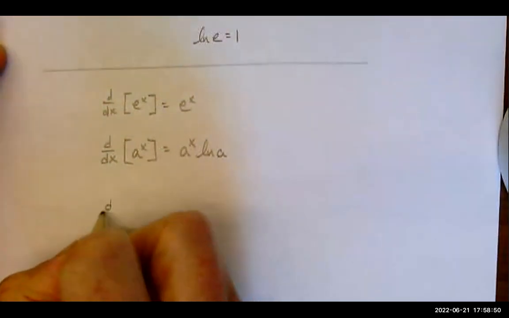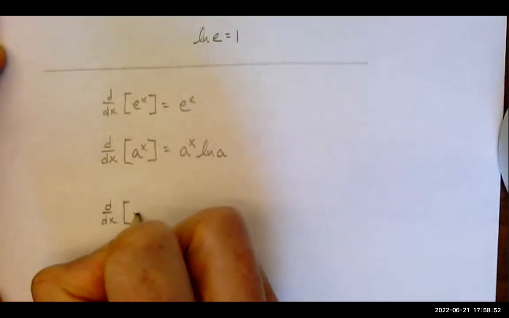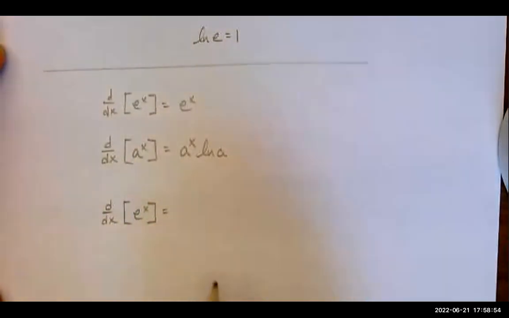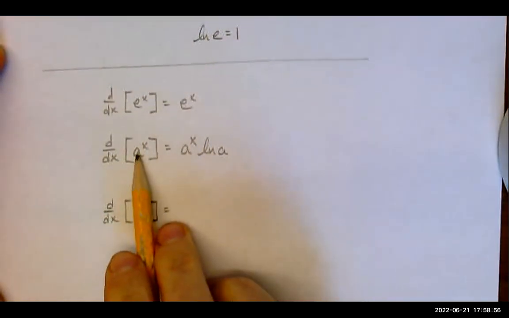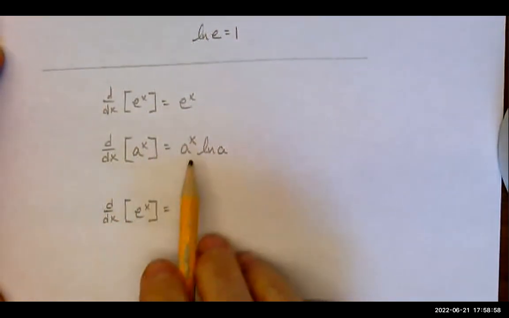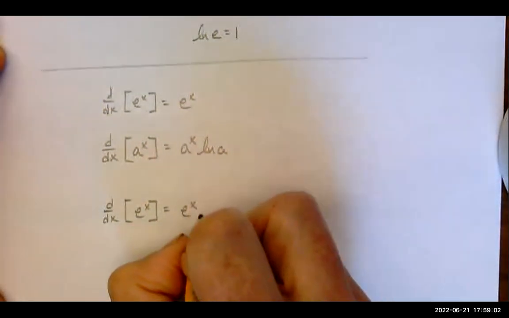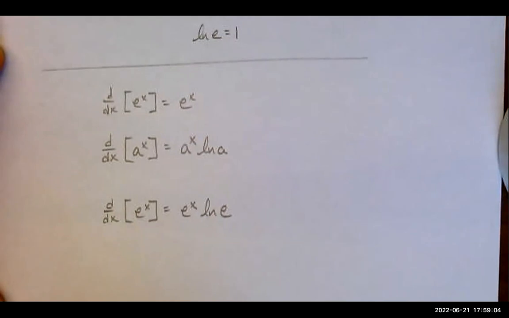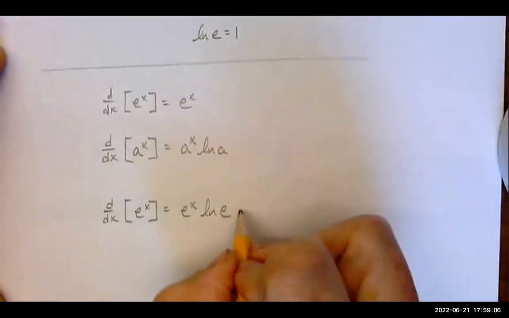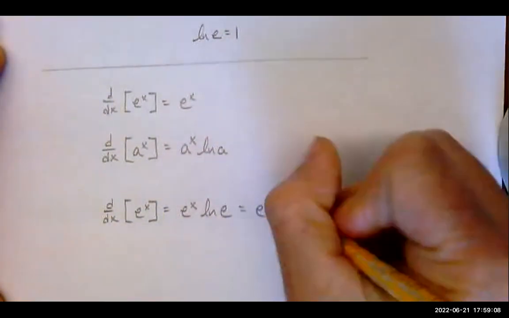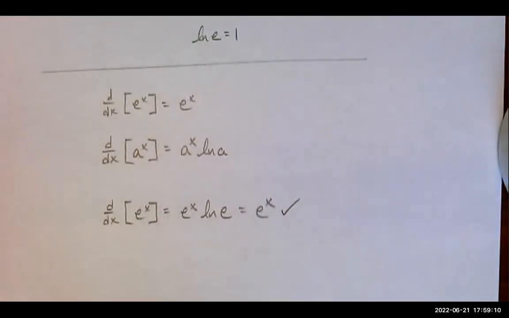It should. They should be consistent. If I thought of it like this, where the base was e, I'd repeat e to the x, but then times the natural log of e. But again, that's 1, and it just boils down to e to the x. Okay, back to the lecture.